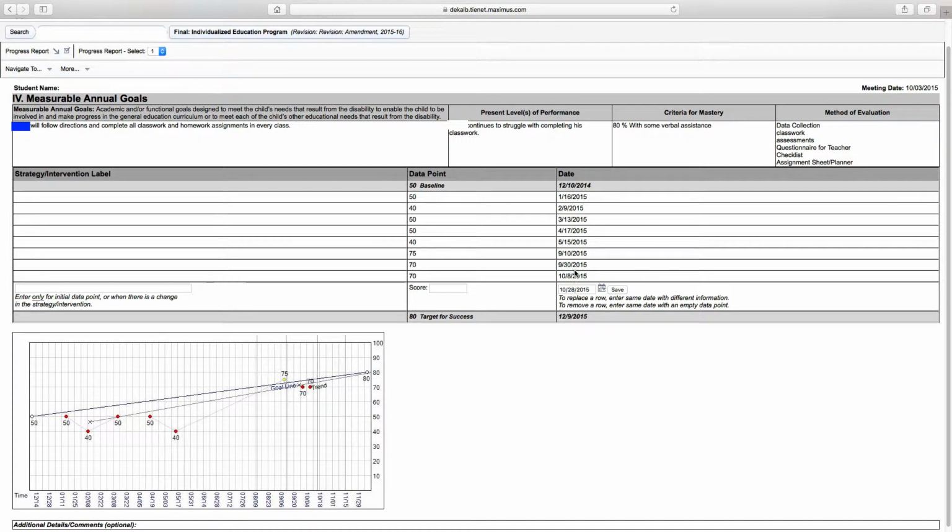And you see the different dates where data is collected. So technically, I will assume that in the student's folder, we will find these actual data pieces, based on the items that the teacher said she would use to collect or evaluate.